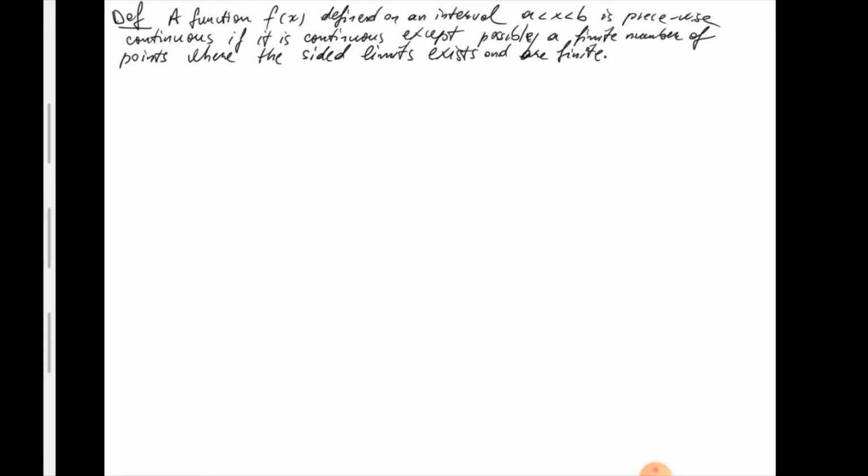Sometimes I like to specify this because there are many different ways in which a limit may not exist, not just if it goes to infinity or minus infinity. For our purpose, just imagine a function that can only have jump discontinuities.